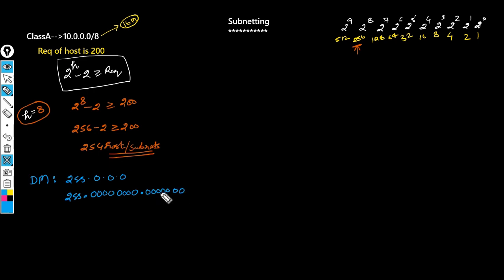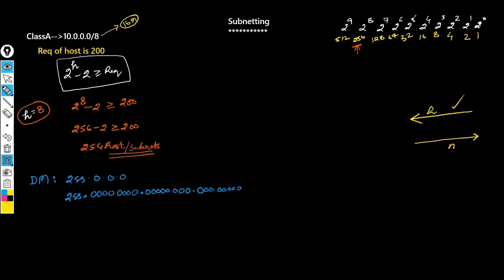Like this you will have to write it down for all octets. Now finally you will have to calculate the number of host bits you will have to keep here. If you remember, we discussed that when you want to borrow bits for host, you borrow them in this direction, and for network you borrow bits in the opposite direction, always remember.